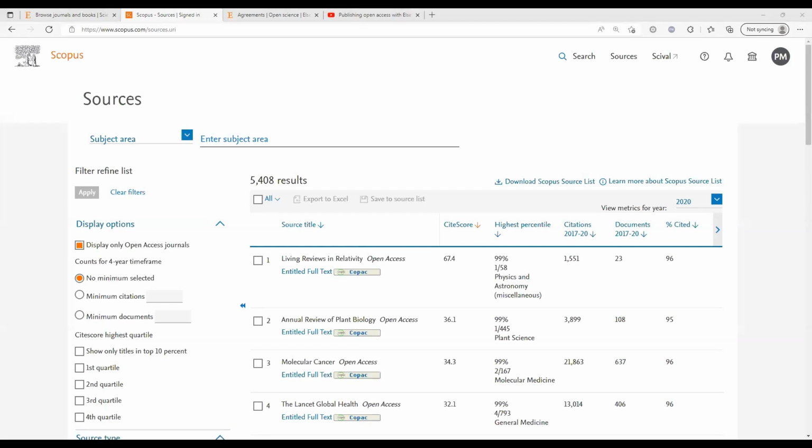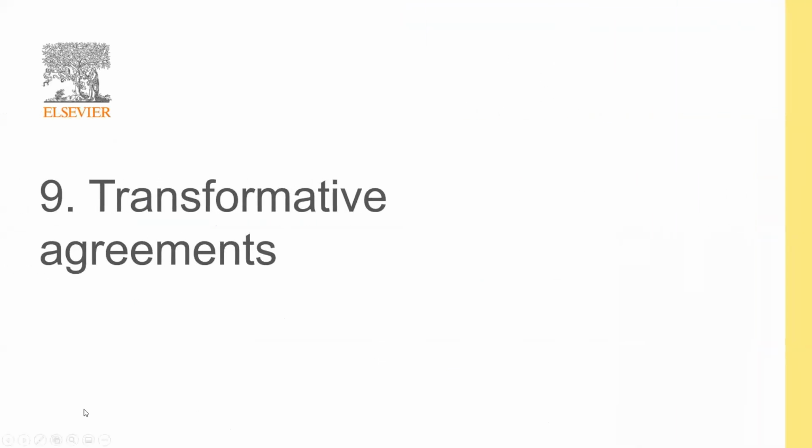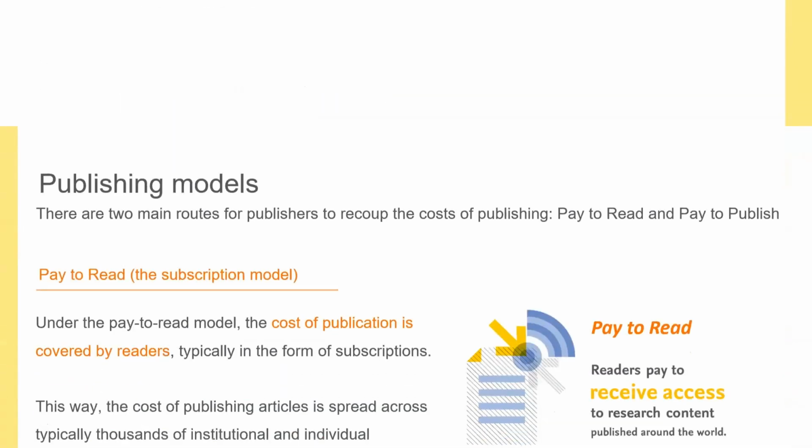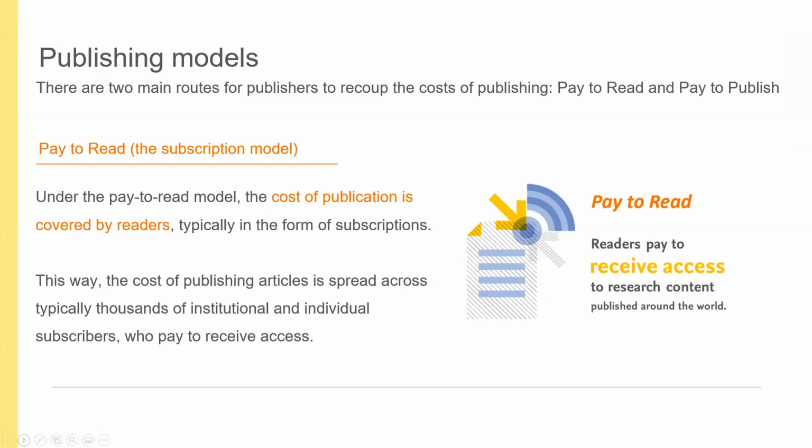Okay, let me go back, because now we have the last topic for today, transformative agreements. First of all, to understand transformative agreements, I would like to sum up a little about the publishing models. We have two main routes for publishers to recover the cost of publishing: pay to read and pay to publish. Pay to read is the traditional subscription model. In this model, the cost of publication is covered by readers.